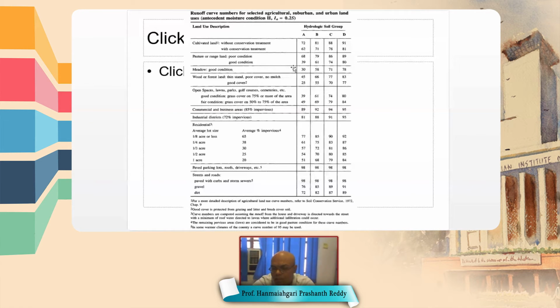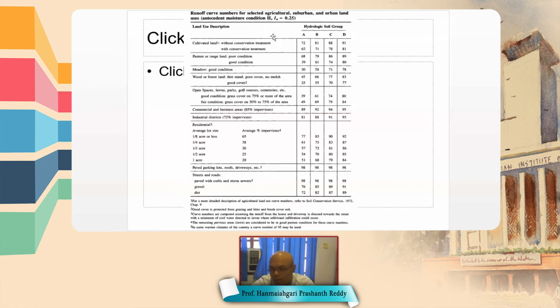So wet condition means when we are considering a rainfall, before that there is another rainfall due to which the soil is fully saturated, then that soil condition is classified as condition 3, whereas condition 2 is normal. Okay, I mean the soil moisture is at normal, whereas class 1 means it is completely dry and soil moisture is less.